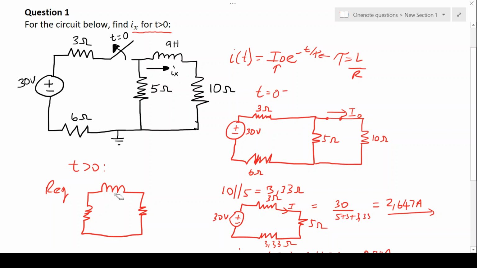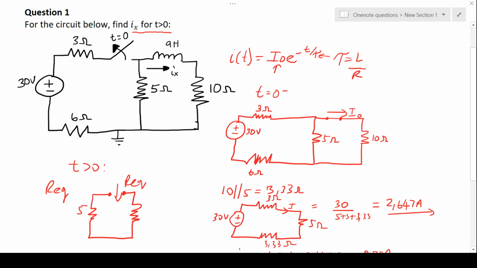And if we try to determine the resistance with respect to the inductance, the element that you're going to get the response over, then we can take out that inductance and determine the equivalent resistance.